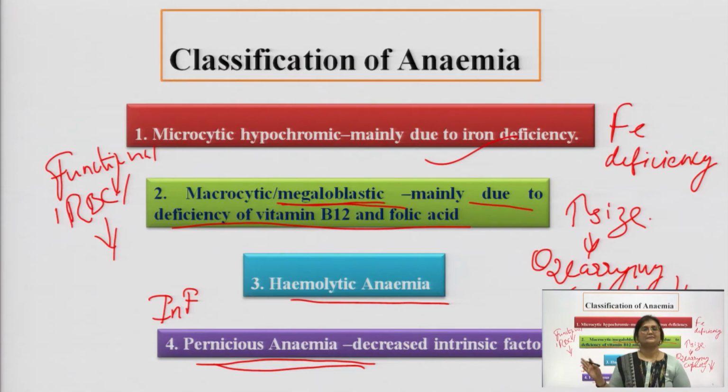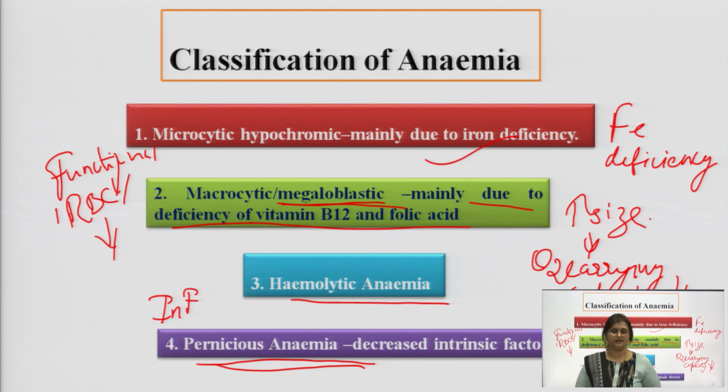So, what are the different types of anemia we have discussed? These are the commonly known types. There are a lot of types of anemia known, but the commonly known types include microcytic hypochromic anemia, the second one macrocytic or megaloblastic anemia, the third type hemolytic anemia, and the fourth type pernicious anemia.